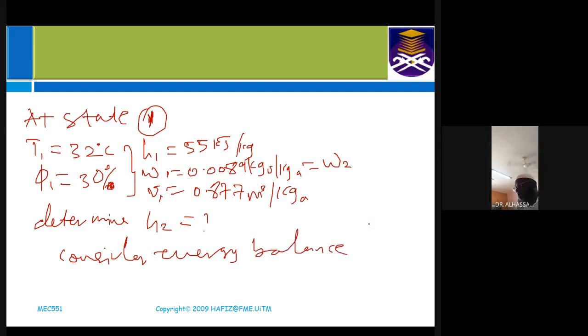If you consider the energy balance of the system, let us have a sketch of it again. I have my sketch over here. This is a cooling system. I have my Q out over here. This is state 1. This is state 2. I have the fluid flowing inside, air coming outside.